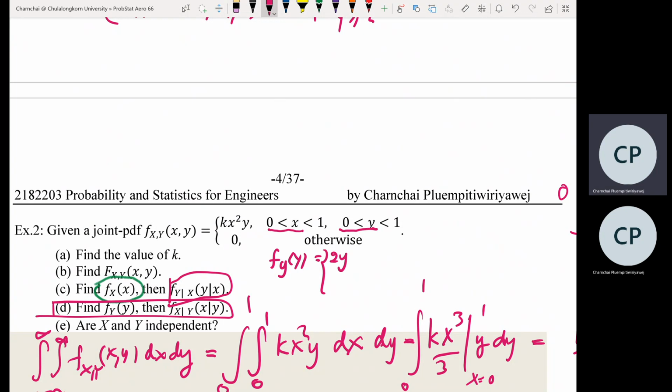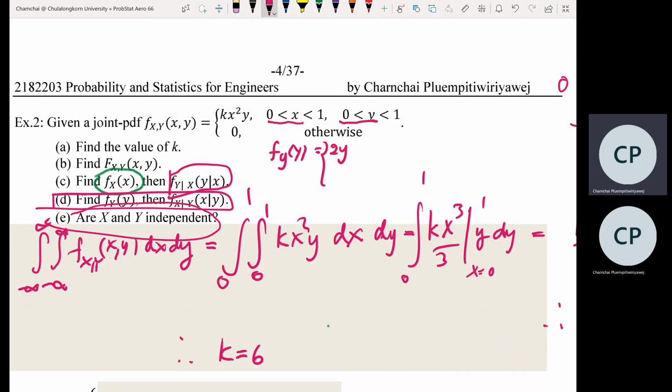Actually this one is just y, but the answer should really state both x and y. And 0 otherwise. That's the f of y given x. And for f(y) it is just 2y. For f(x) it is this. And the last question: are x and y independent?